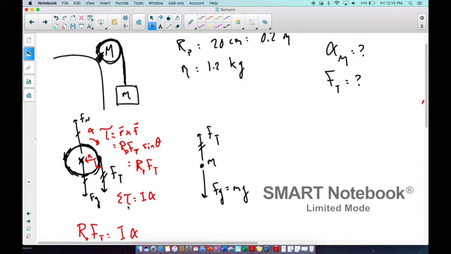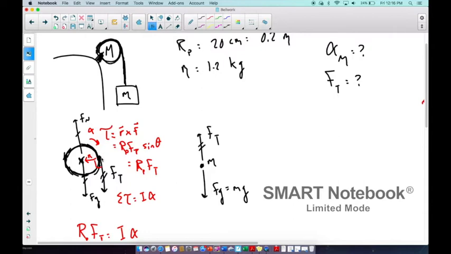So let's think about this. I know that right here, a little piece of rope is going to be accelerating downward. It's going to have some downward acceleration, some tangential acceleration, some translational acceleration. And that's got to be the same acceleration as this mass right here, doesn't it? So if I could figure out the acceleration of this mass somehow, then I may be able to figure out the angular acceleration of my pulley.